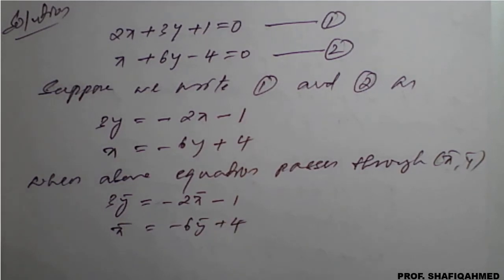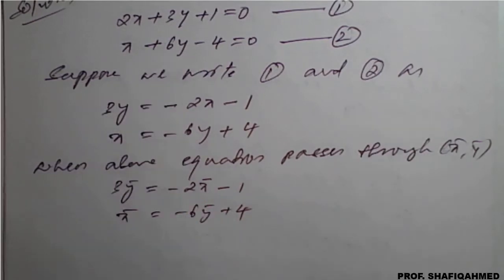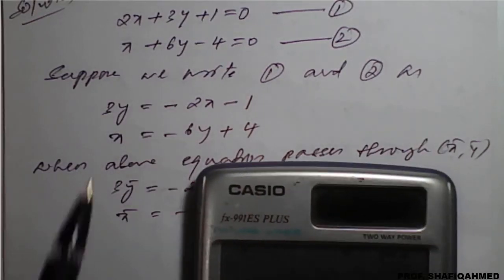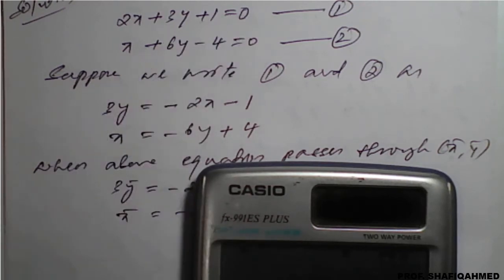We will not use these equations; already we have the given equations, which we will apply directly. But note that if you shift to the right hand side, it will become minus 1, and this will become plus 4.